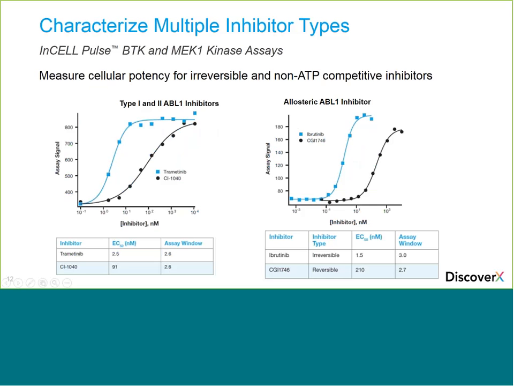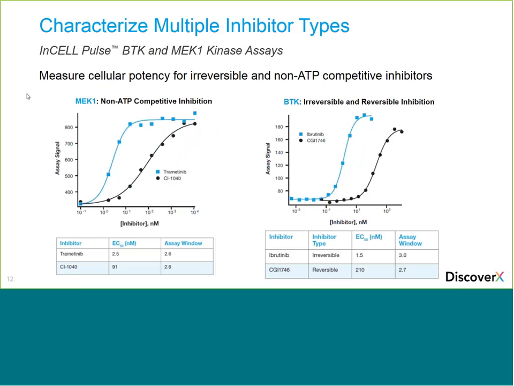BTK and MEK, of course, obviously very important kinases. There's FDA-approved drugs for both of these targets. For MEK1, the non-ATP competitive inhibitors are the ones that have been FDA approved, and because they do not compete with ATP, they're extremely potent in cell-based assays.